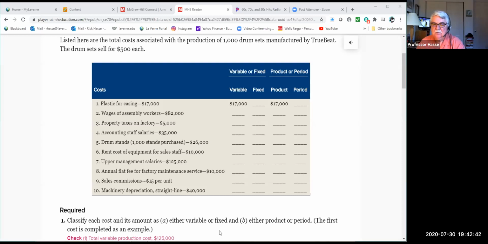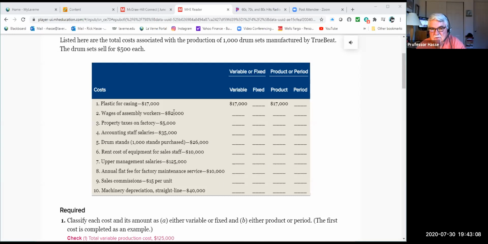All right. So those are all pretty good definitions of these classifications. Notice these are all different types of expenses in a company, and we've seen those before. But now in managerial accounting, we put them in a category that tells us something about the nature of the cost. It helps us understand it. Variable, fixed, product, period.